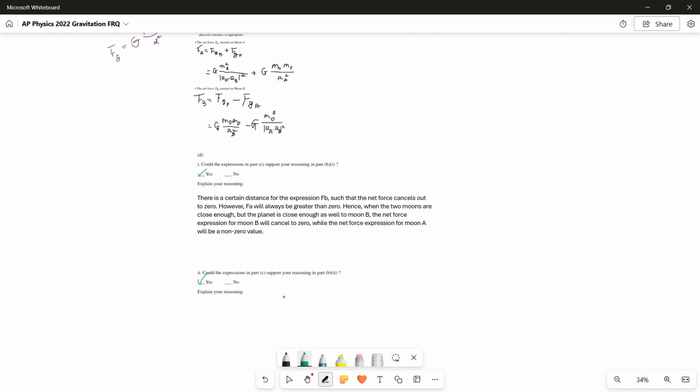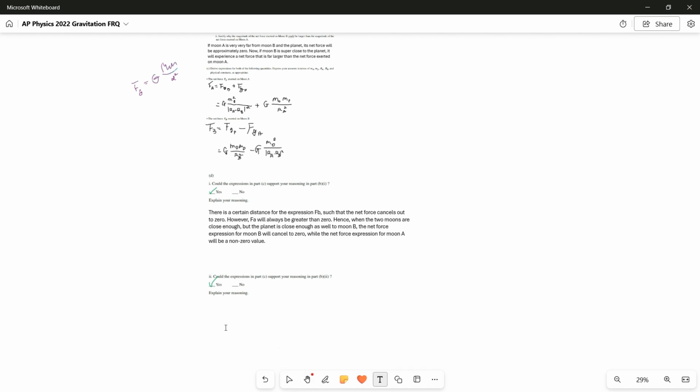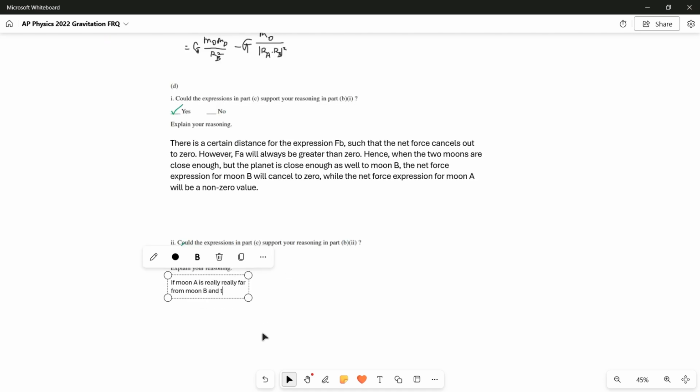You could just say, if Moon A is really, really far from Moon B and the planet, the denominators are very big compared to the numerators, so the net force will approach 0.